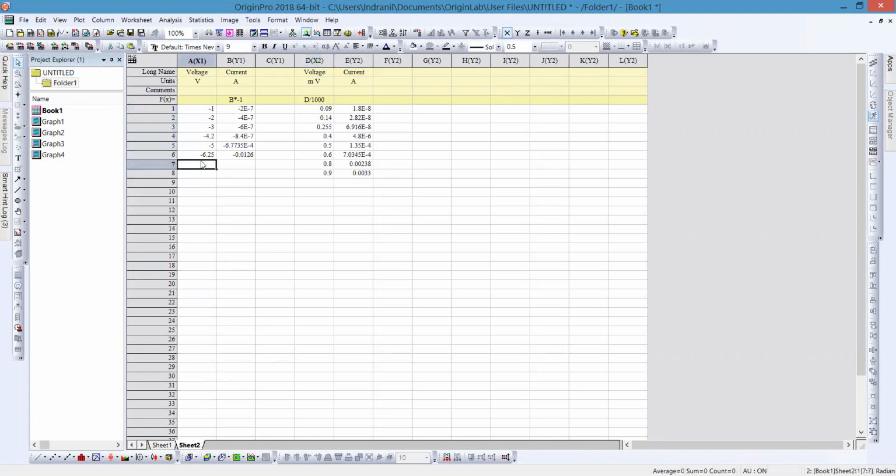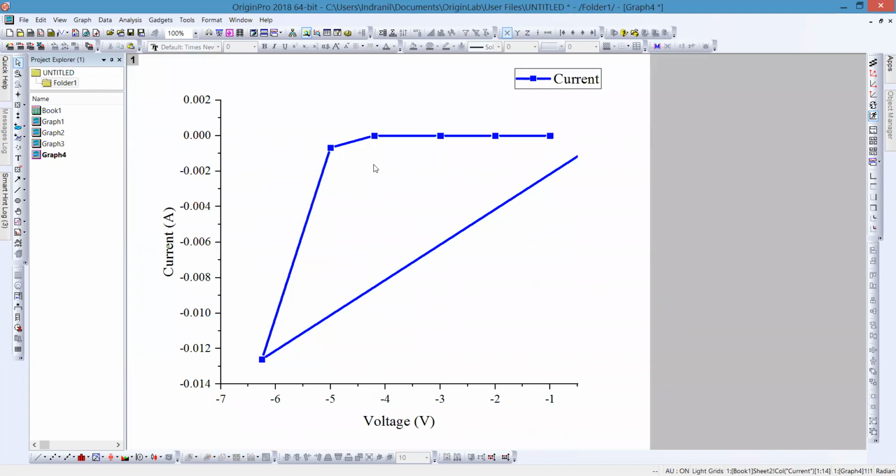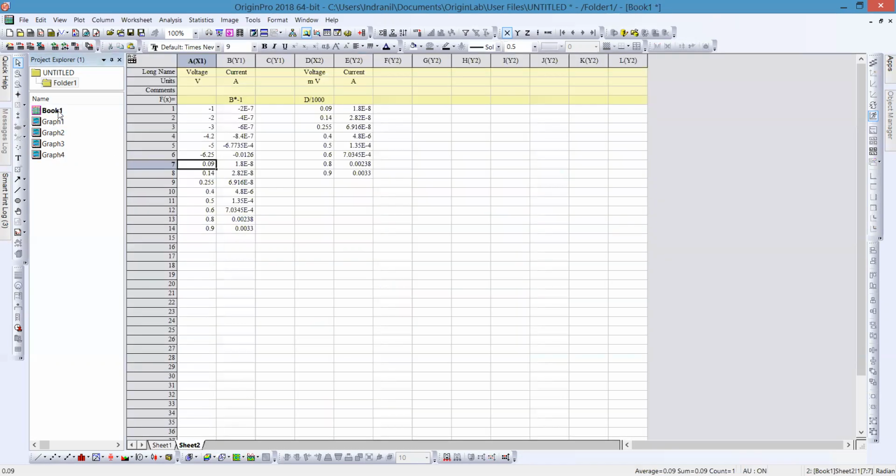So now could you please tell me what is the cut-in voltage for this Zener diode in forward bias, and what is the reverse bias breakdown voltage for this? Sorry, one second, a little bit of an issue is there. Yeah, this voltage should be reversed. Please tell me what is the cut-in voltage for this Zener diode?